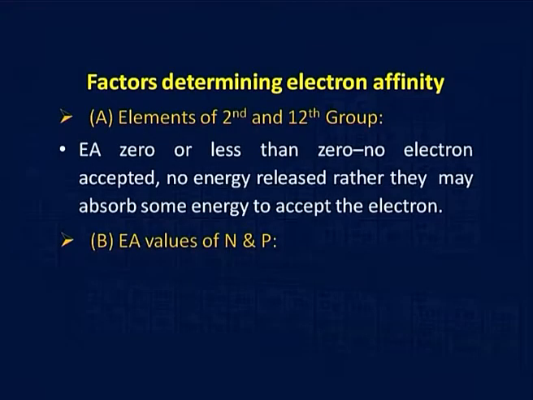Then, on the basis of electronic configuration, if we see nitrogen and phosphorus, we find that nitrogen has atomic number 7 and electronic configuration 1s2, 2s2, 2p3. Similarly, phosphorus has atomic number 15 and in the third shell it has 3s2, 3p3.